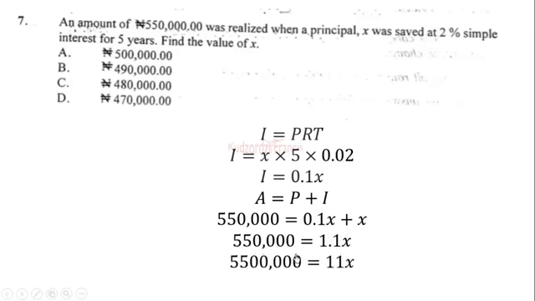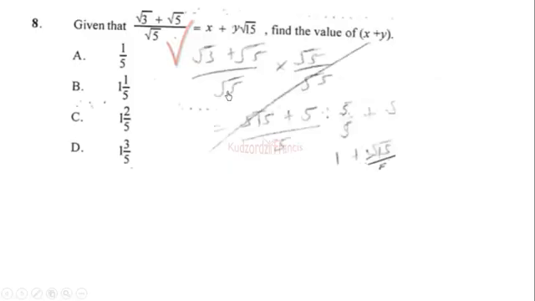And when you simplify, you get something like this: 5,500,000 naira multiplied through by 10. So you get something like this. Now divide through by 11 to get 500,000 naira for x. So the correct answer is A.